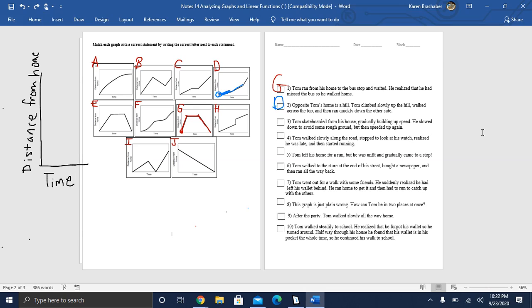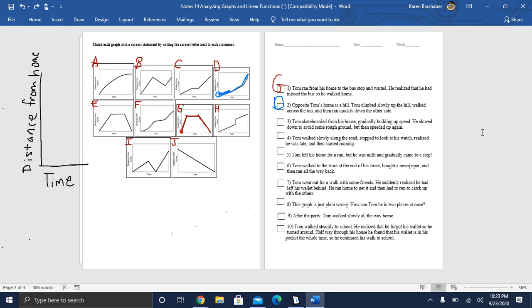And then he ran quickly, so that's a faster pace that he's getting further from home. In all of that story, he's getting further from home. So that distance from home is going up, and it's just his pace that is changing. You see the different rates of change on those little line segments. So that's answer D.